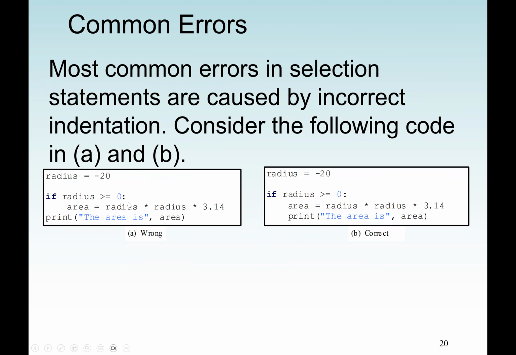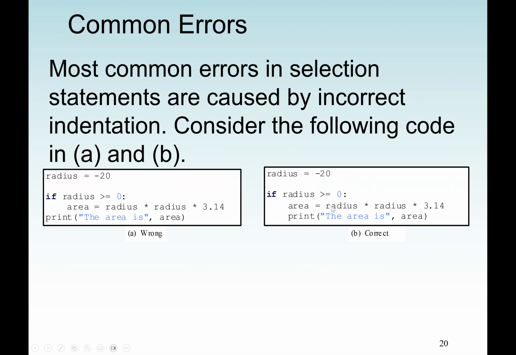If radius is greater than or equal to 0, then we should find the area, then we should print the area. But we can see the print is aligned with if. So which means whether it's greater or less, we're still going to print. If it's greater and equal to 0 or less than 0, we're still going to print, because the print doesn't have anything to do with the if condition.